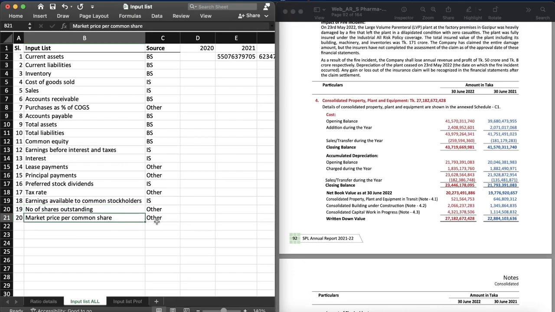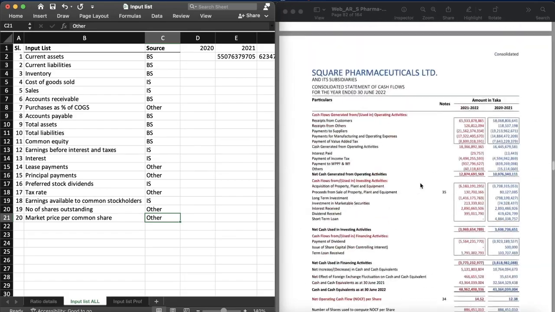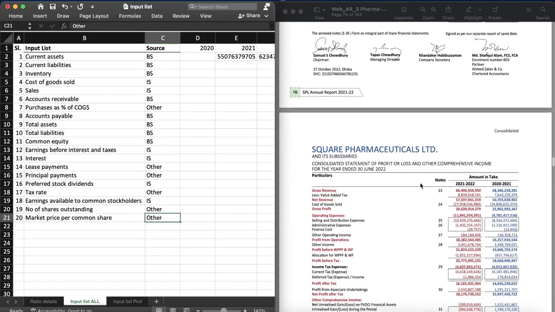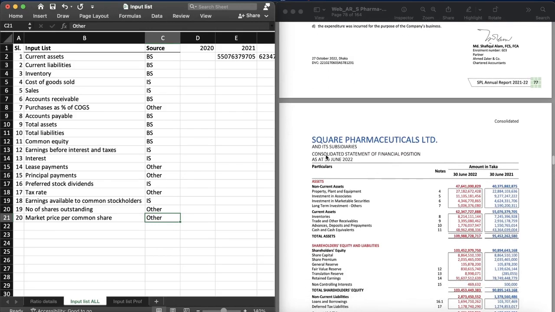And market price per common share should always be collected from the stock market. And remember that because your balance sheet date is 30th June, you have to collect the market price of the share of that date for calculating the market ratios.